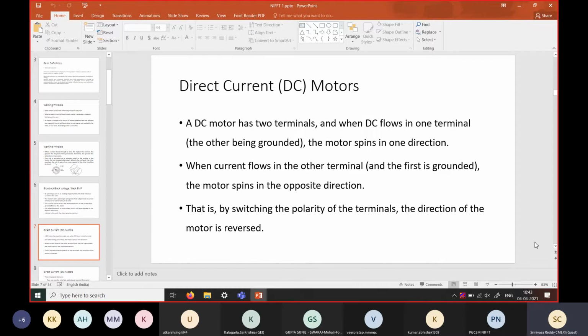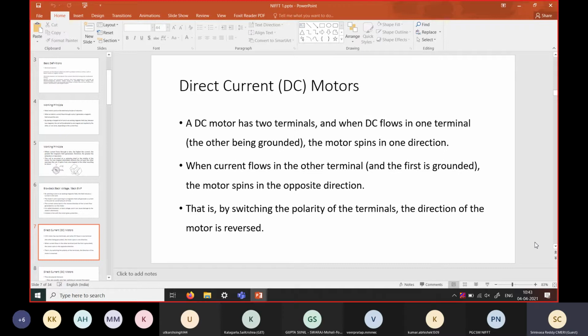To do all this, like whenever we want to rotate the motor at a certain speed, suddenly increase or decrease it, or hold a particular position, or reverse the motion, we need electronics like a DC motor driver and a microcontroller.